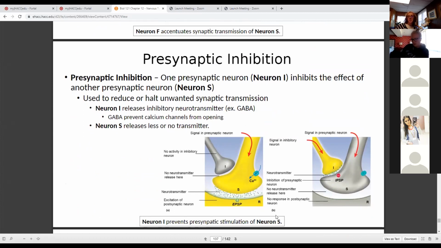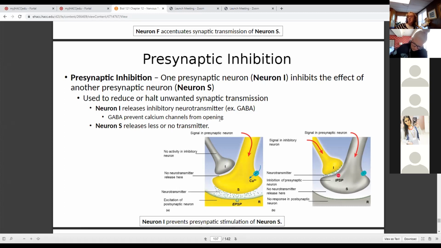In opposition to presynaptic facilitation, presynaptic inhibition is where one presynaptic neuron is inhibiting the effects of another one. So neuron I is going to inhibit the effects of neuron S. They're often used to reduce or halt unwanted synaptic transmission. So neuron I releases an inhibitory transmitter, GABA.